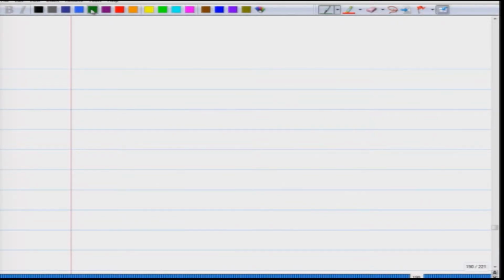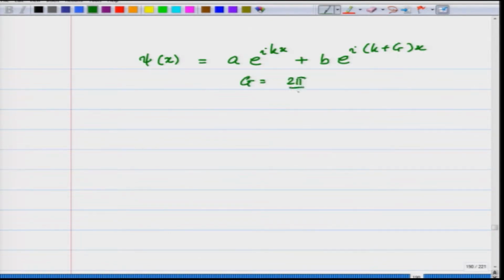In the previous lecture, I took psi(x) to be A e^{ikx} + B e^{i(k+G)x}, where G was 2π/a, and showed how I can get energy bands or energy gaps.